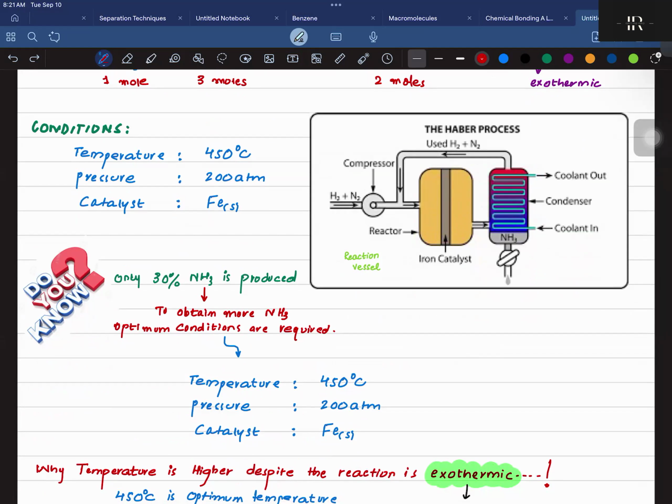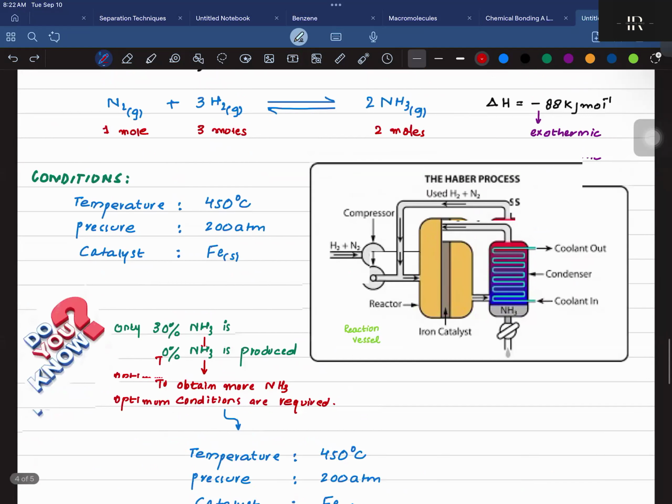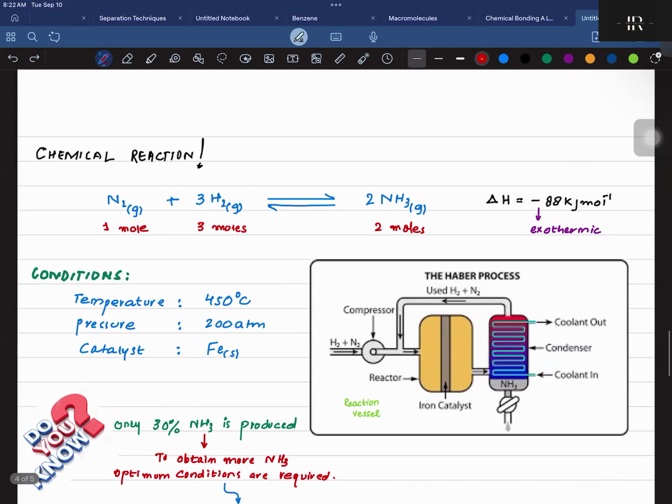Now, the thing is that I told you, since the reaction is exothermic, if you increase the temperature of an exothermic system, the reaction moves backward.